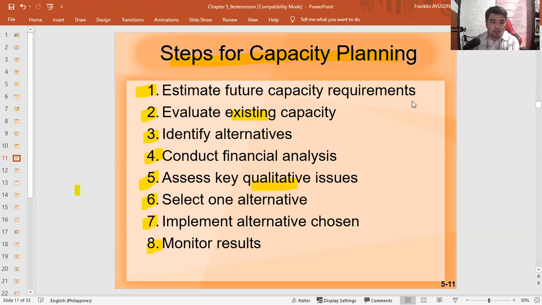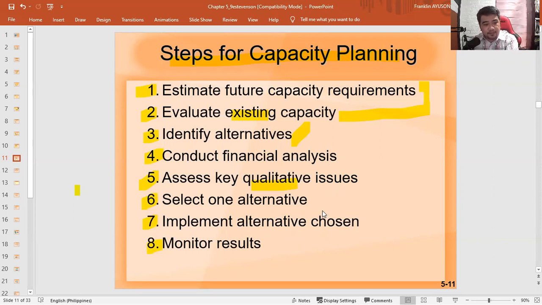So basically, it's more on future capacity requirements and consideration of existing capacity, identifying different capacity alternatives, and conducting financial analysis to define which of the alternatives is most feasible to the organization, along with some qualitative issues.